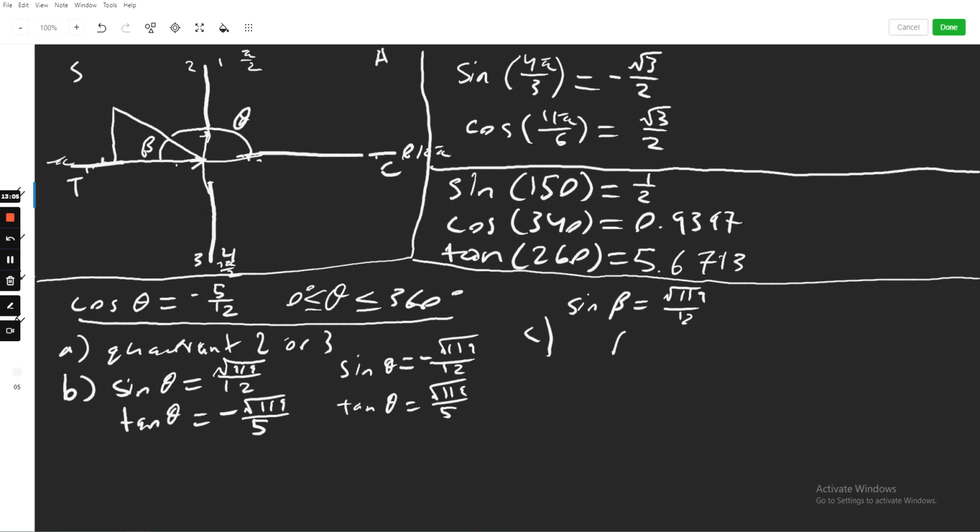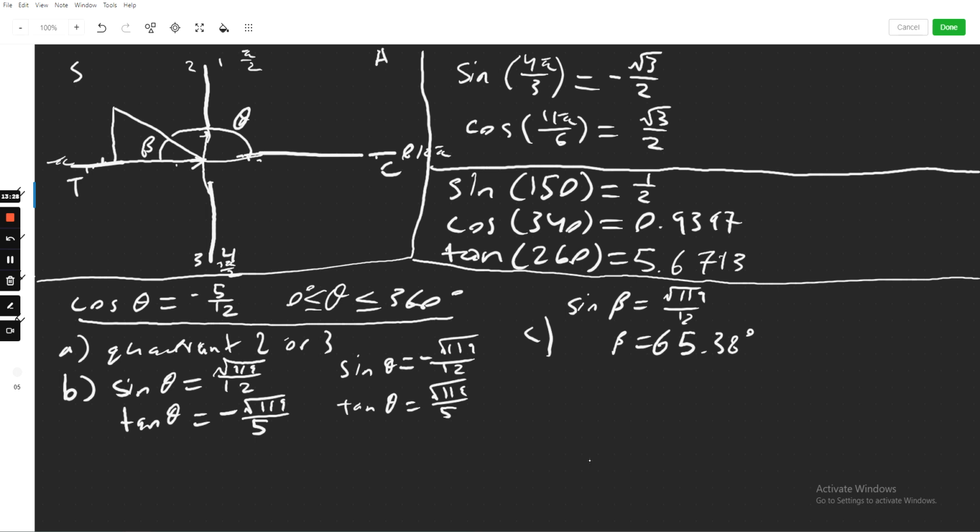You can use a calculator to find beta, which is inverse sine of root 119 over 12, which is equal to about 65.38 degrees. So that is the angle of beta.